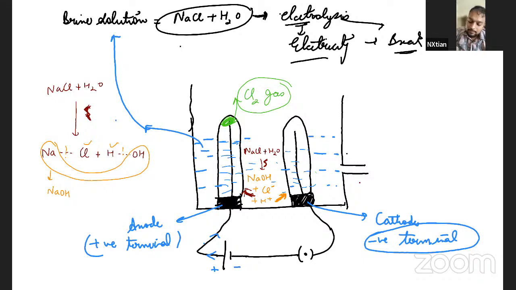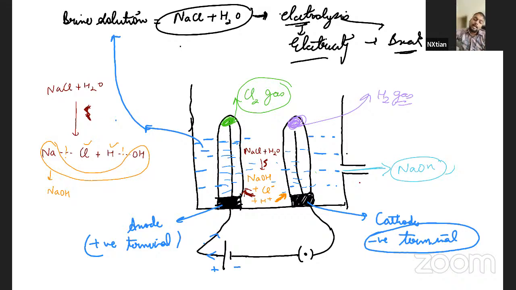And in the same way, in cathode we got hydrogen gas, and we remove sodium hydroxide from this pipe.